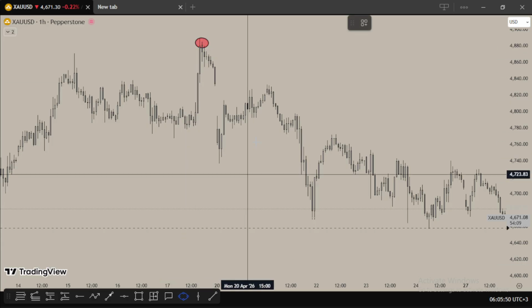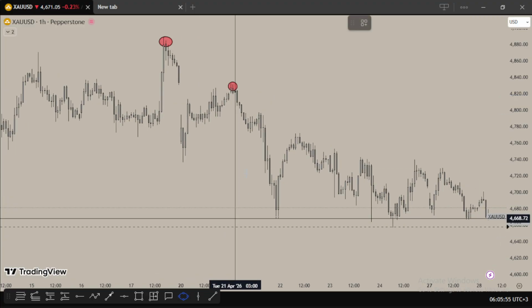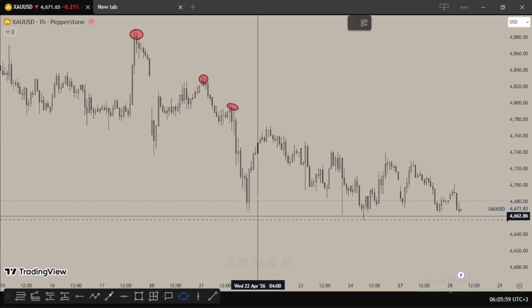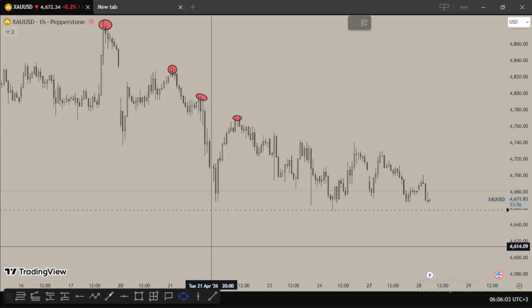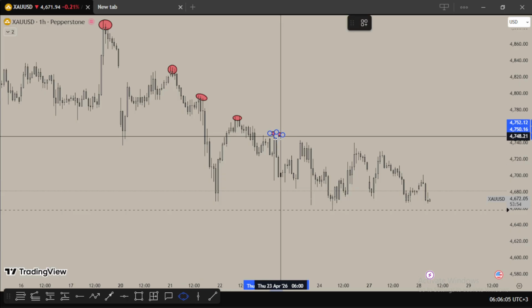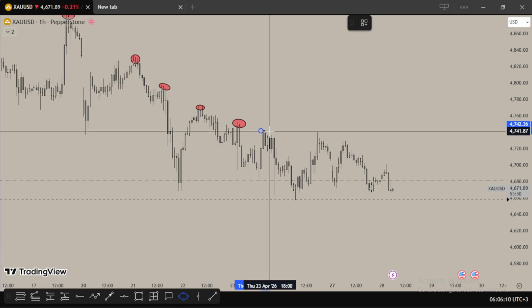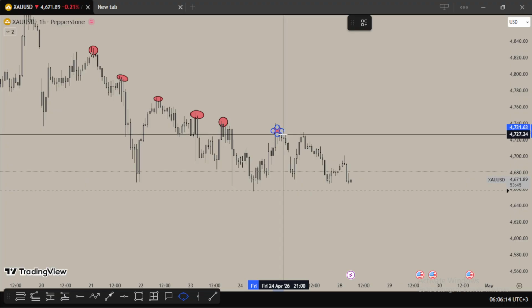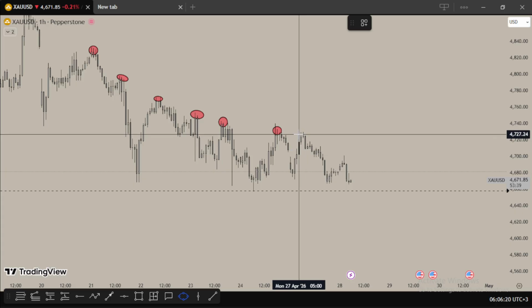As you can clearly see, we have sellers at that area, at that area, at this area too, and that area again.